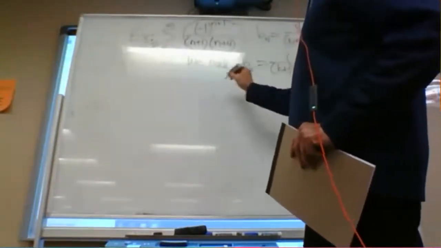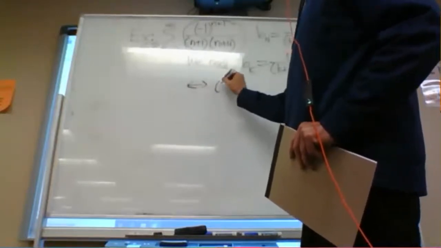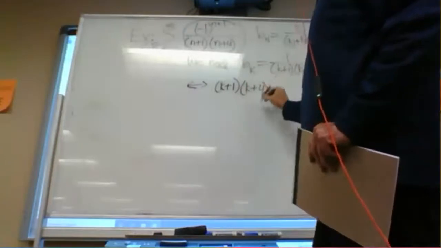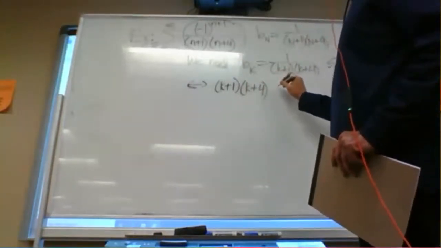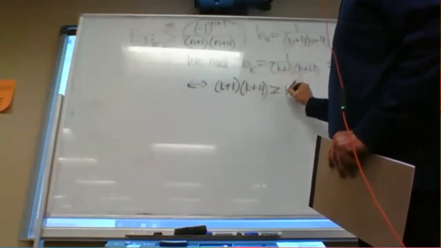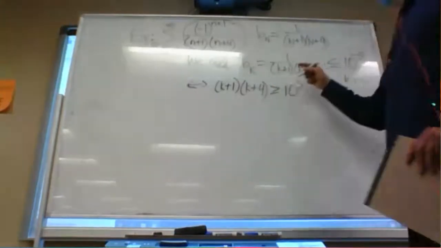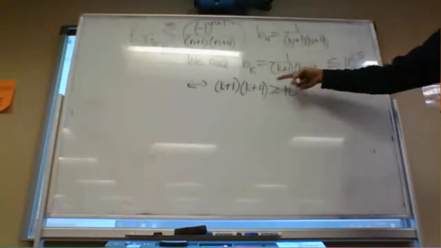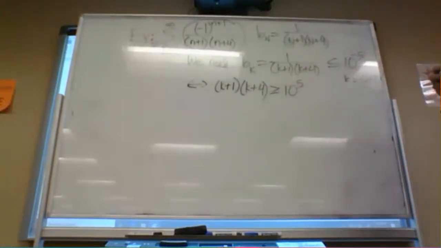We turn this upside down. That means equivalently that (k plus 1)(k plus 4) is greater than or equal to 10 to the 5th. If this positive number is less than or equal to this one, then the reciprocal of the left is greater than or equal to the reciprocal of the right.